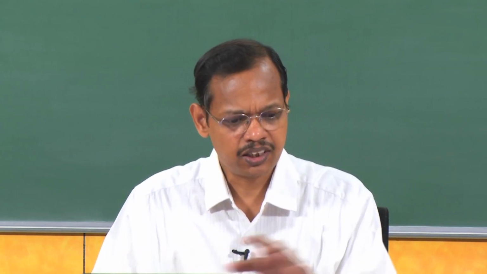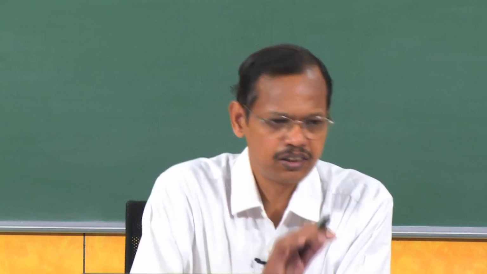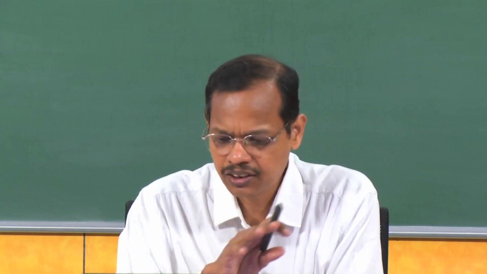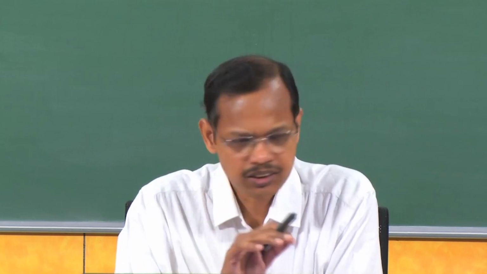Now we can calculate all the parameters. Take any structure, we can see the residues, obtained from the PDB XYZ coordinates, and here you have the sequence. For each residue you can calculate the conservation score, surrounding hydrophobicity, long range order and stabilization center.